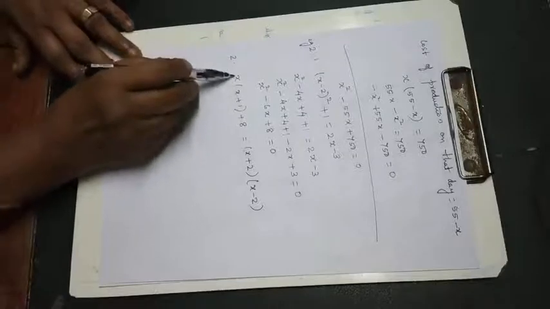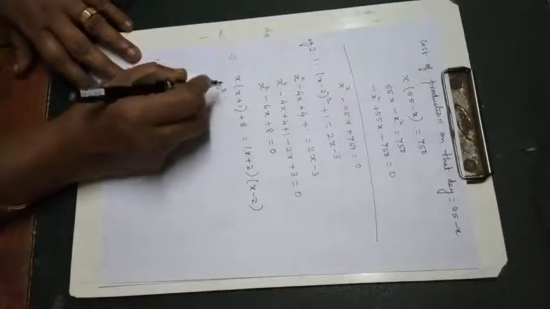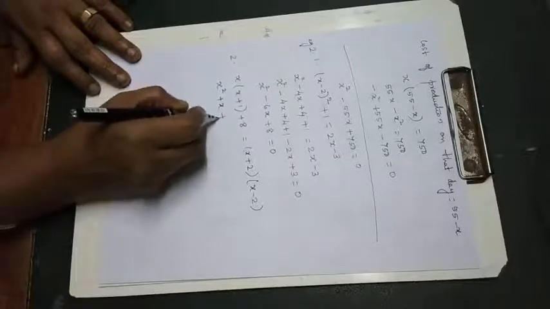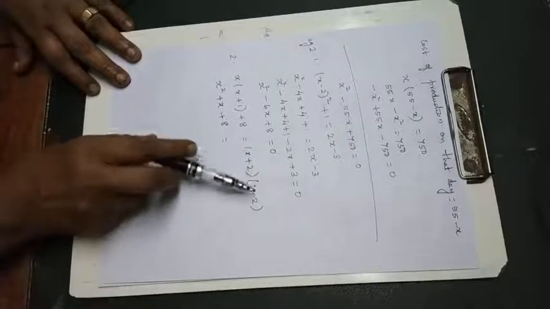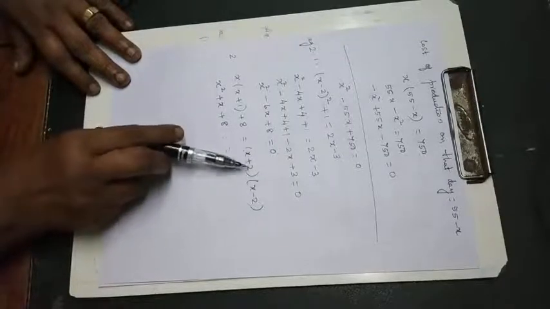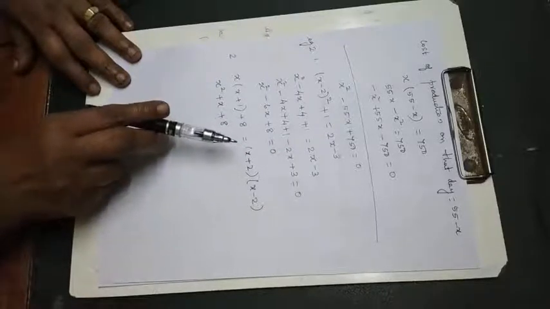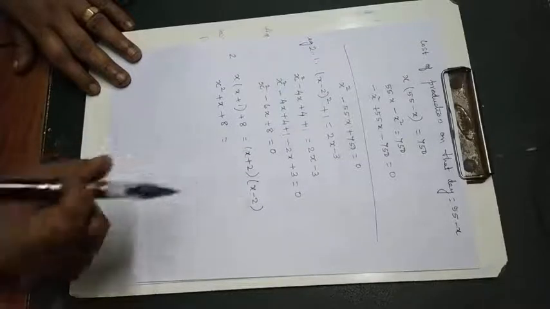Now here open the bracket, so you will get x into x, x square, x into 1, x plus 8. Then here also you have to open the bracket. Now it is in the form a plus b and a minus b. So a plus b into a minus b is a square minus b square.